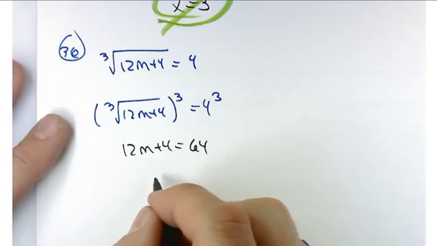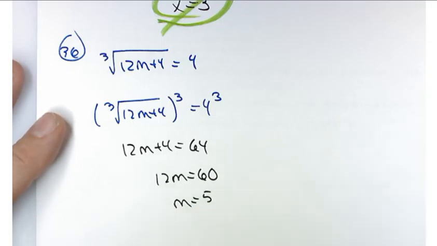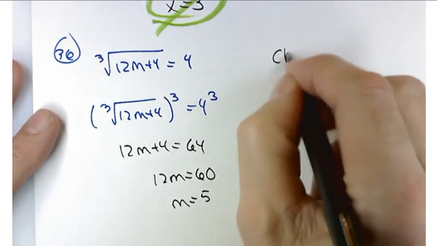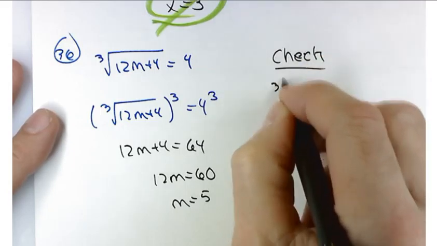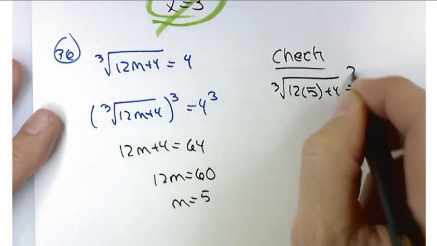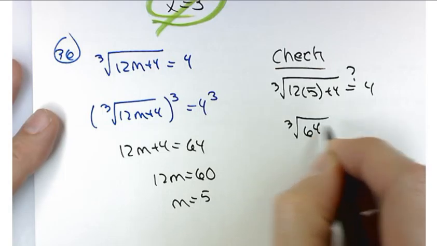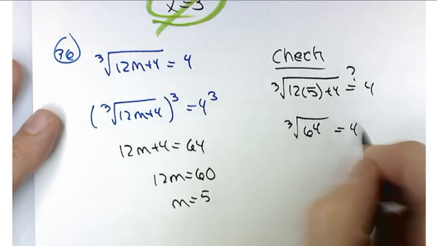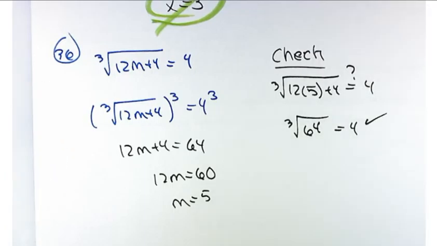You can subtract 4 from both sides. 12m equals 60. So m equals 5. If you check it, we get the cube root of 64, and that does equal 4. So it checks.